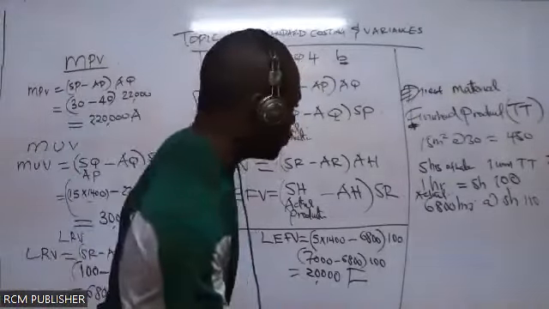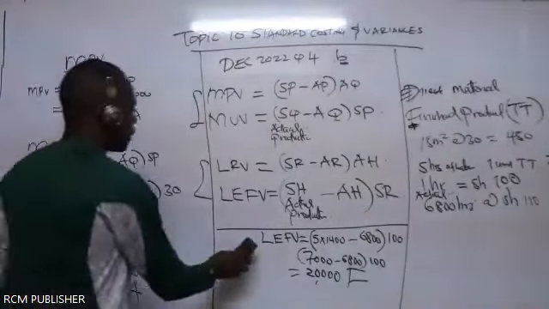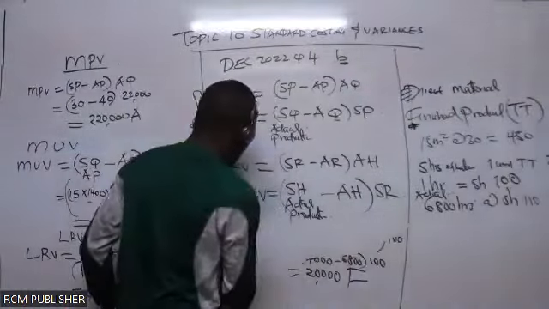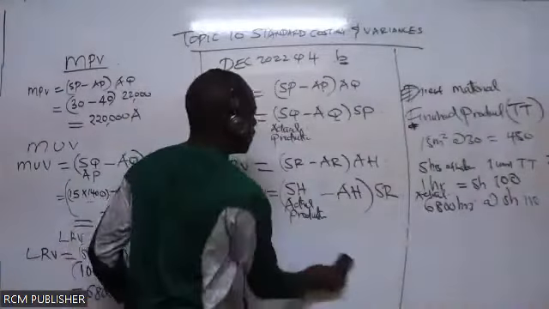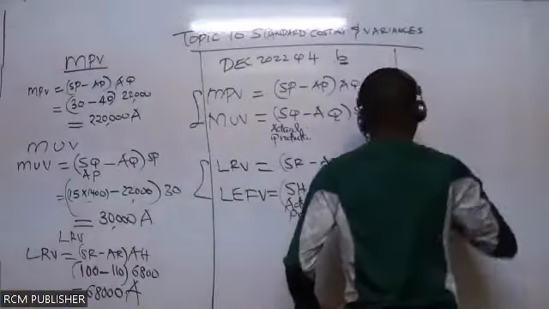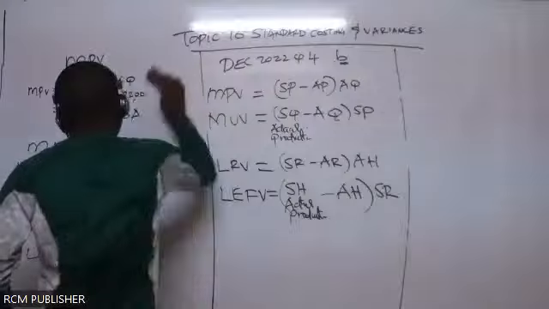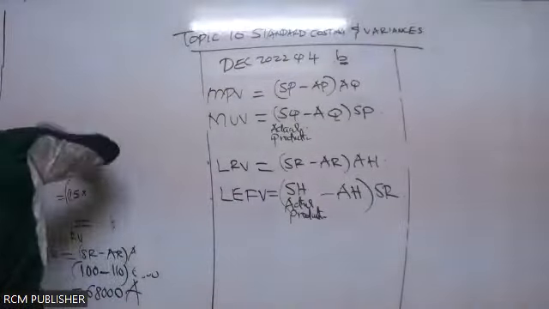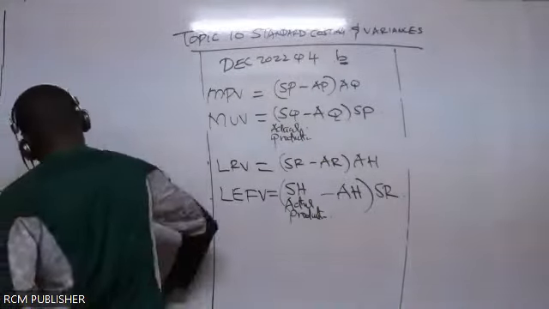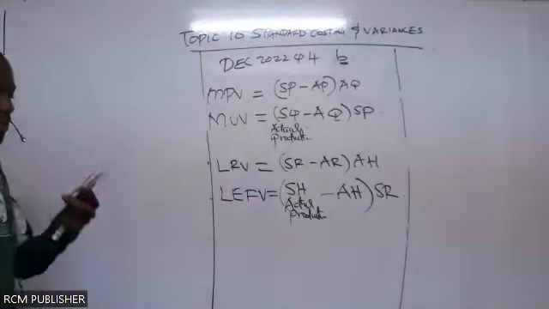It is a repetition of what we did yesterday. So we are now introducing 2 new items. That is overhead variances.